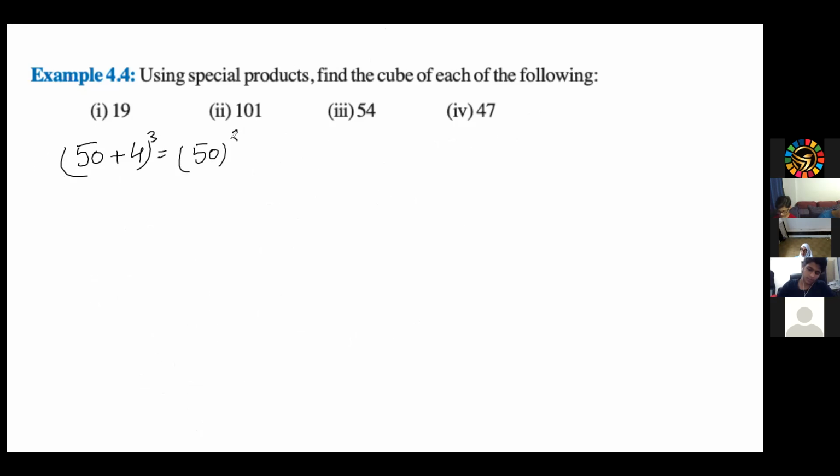I have not written the formula. 5 into 5 into 5.